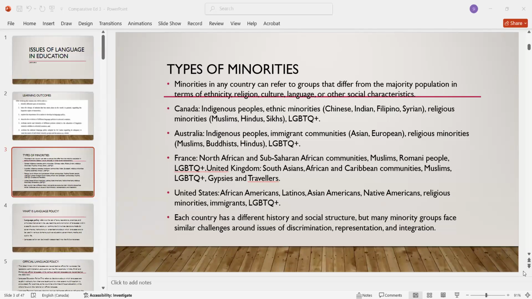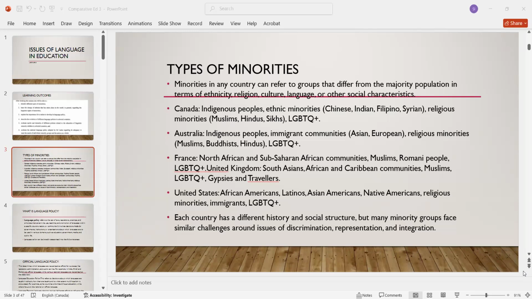Okay, so indigenous people. Each and every country has these types of people, the native people. In Canada, there are indigenous people and ethnic minorities, such as Chinese, Indian, Filipino, Syrian. Religious minorities are Muslim, Hindu, Sikhs.